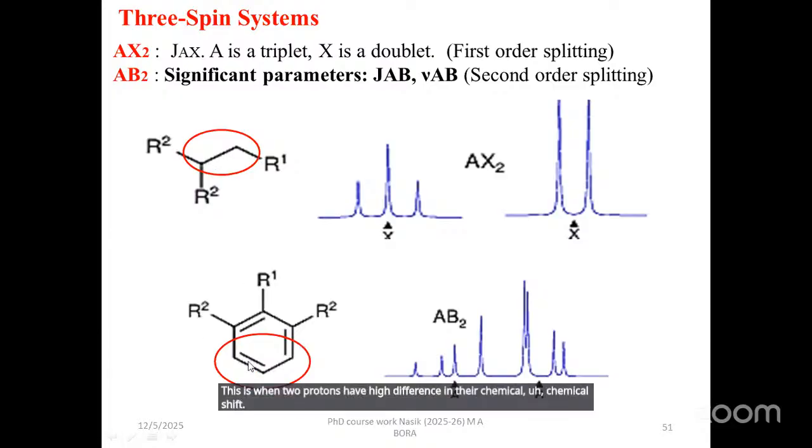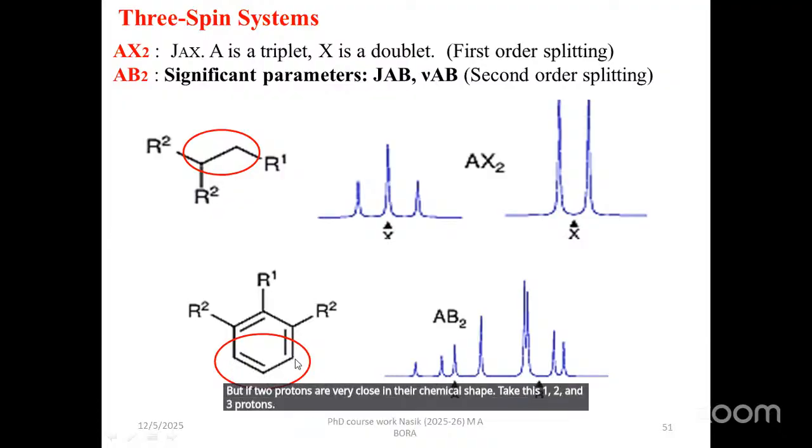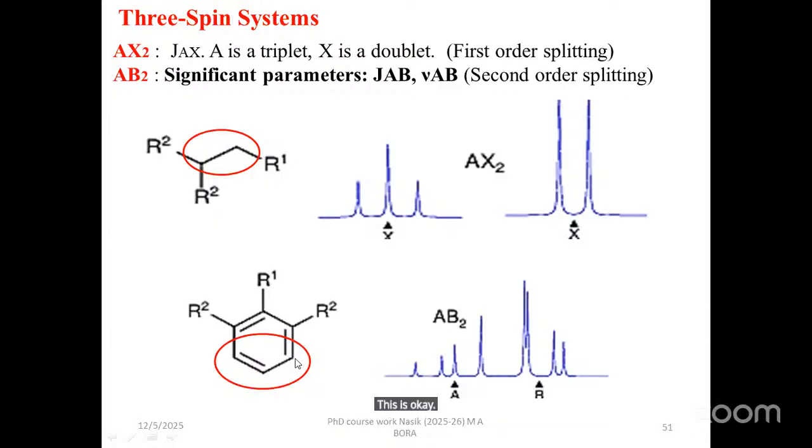But if two protons are very close in their chemical shift, take this one, two, and three protons. This is again a three spin system, but it is AB2 type. If this is A, these two are B type protons, so it is an AB2 system. Now see here, AB2 is so complicated and does not appear as a doublet and triplet. The lines are very much distorted.